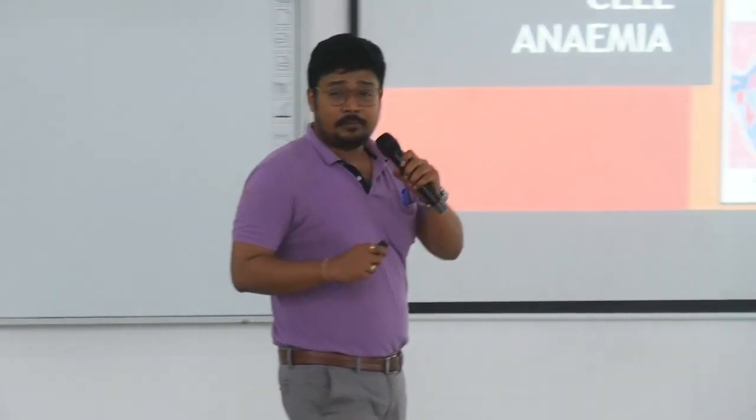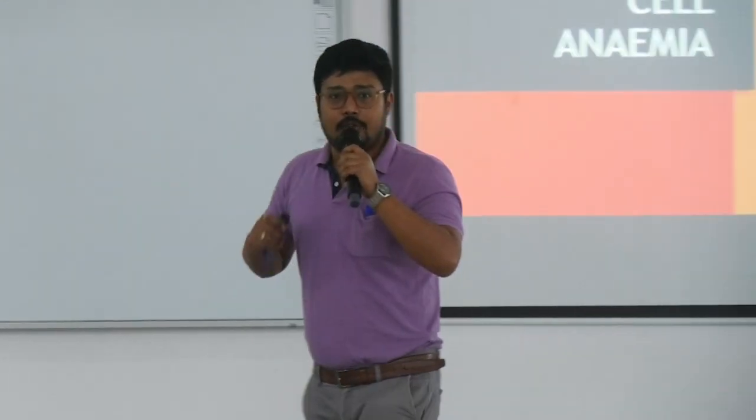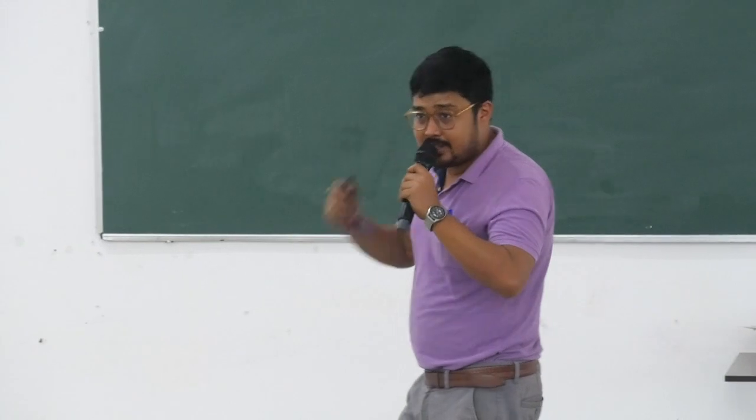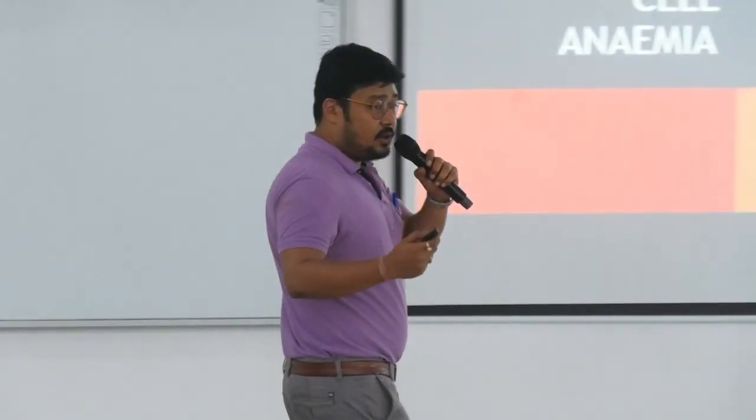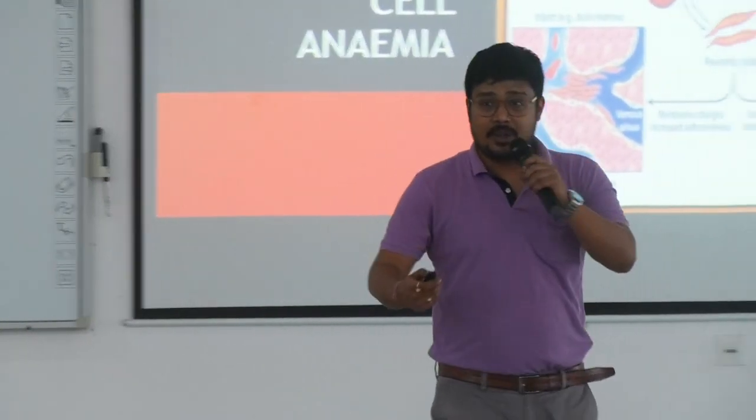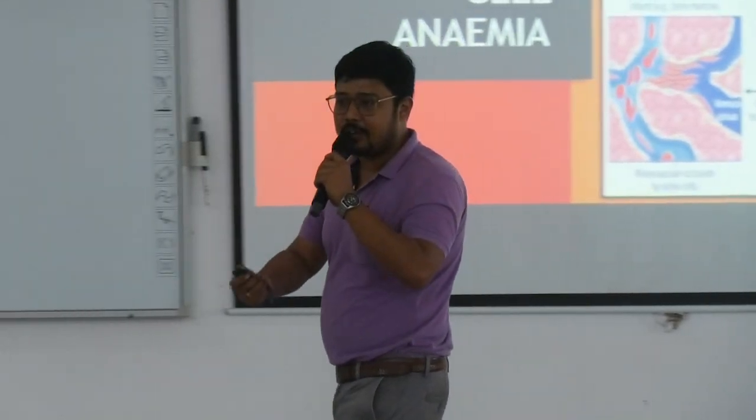So all together they have a capacity to occlude a vessel, to occlude the vascular flow, to jeopardize the oxygenation status and nutrient status of the cell, and the cell suffers from hypoxia. And we get symptoms and clinical signs of the patient due to the effect of vascular occlusion.